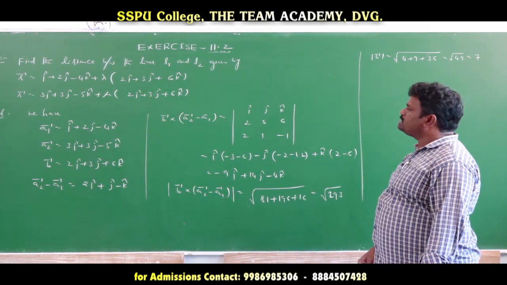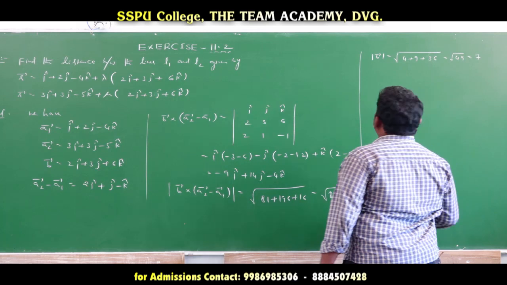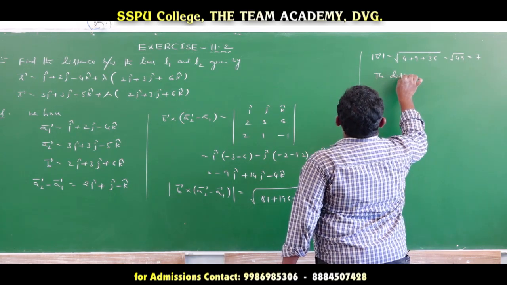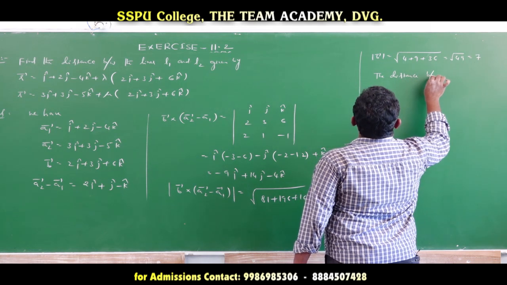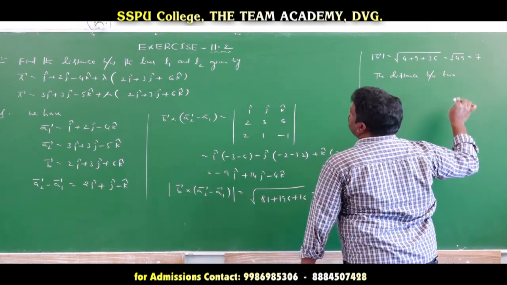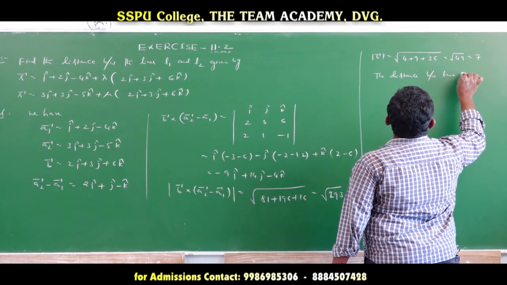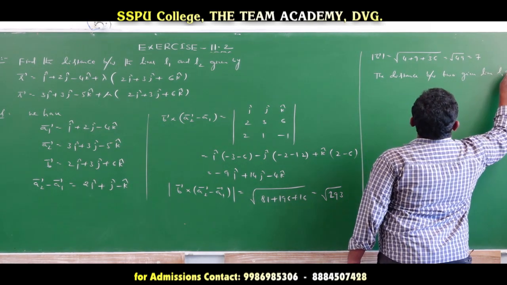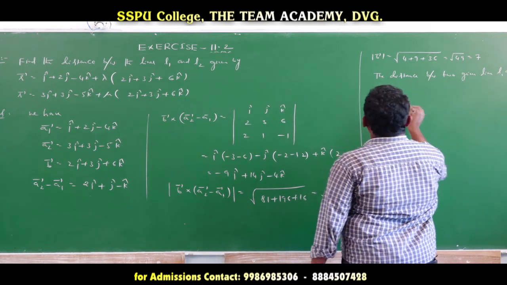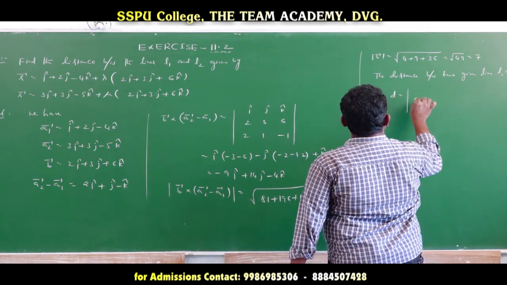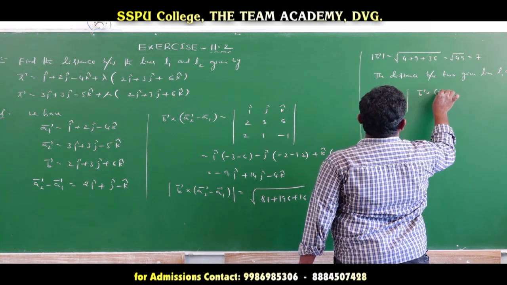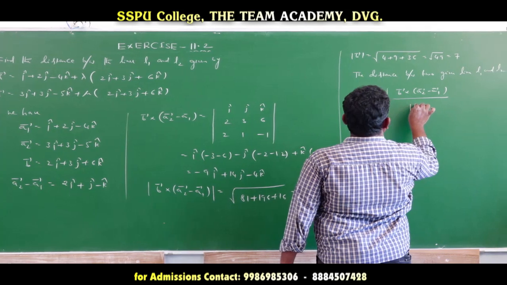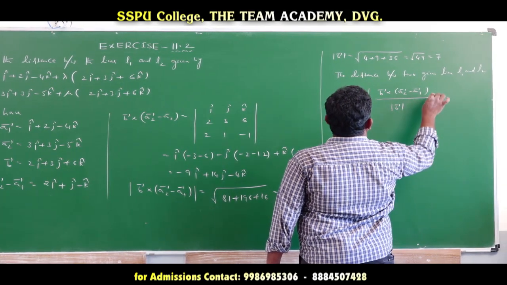Okay now. So next, the shortest distance between the two lines. The distance between two given lines L1 and L2 is D is equal to magnitude of b bar cross (a2 bar minus a1 bar) divided by magnitude of b bar.